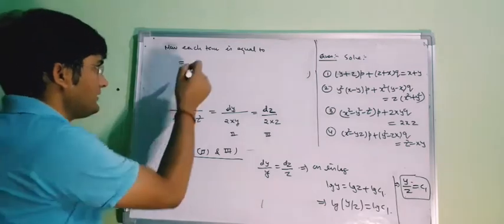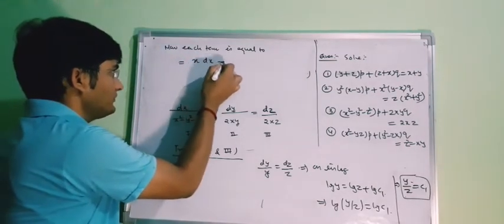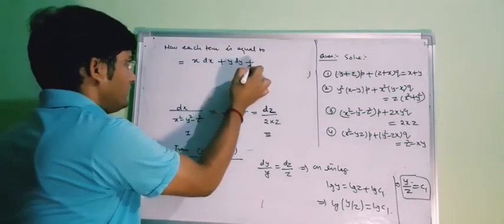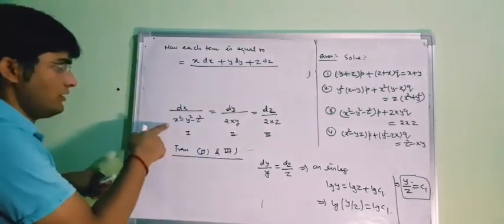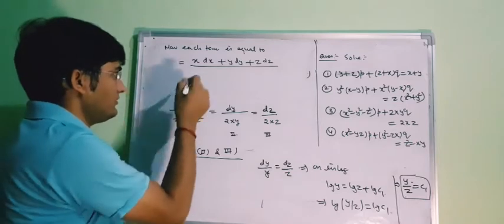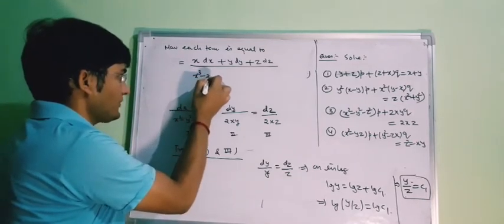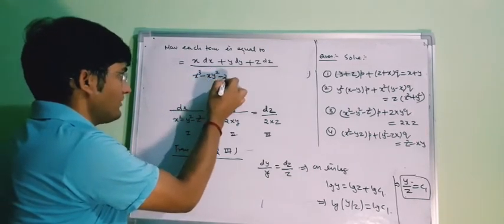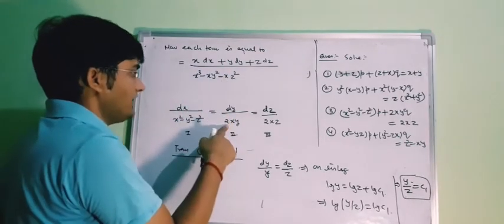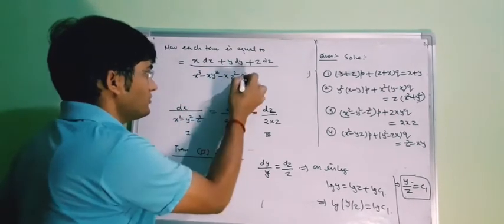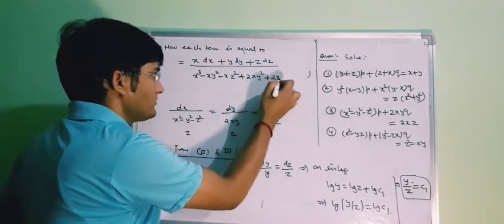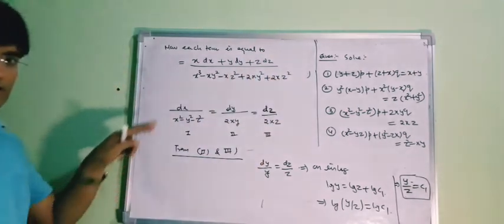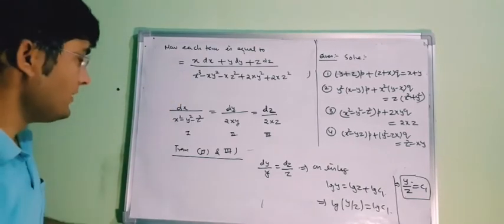Suppose that we multiply the first term by x, then the second term by y, and then the third term by z. Let us see what happened. Now here you will see that in the first term we will get x cube, then minus xy square minus xz square. Then as we are multiplying this term by y, this will be your 2xy square. And the third term will be your 2xz square.